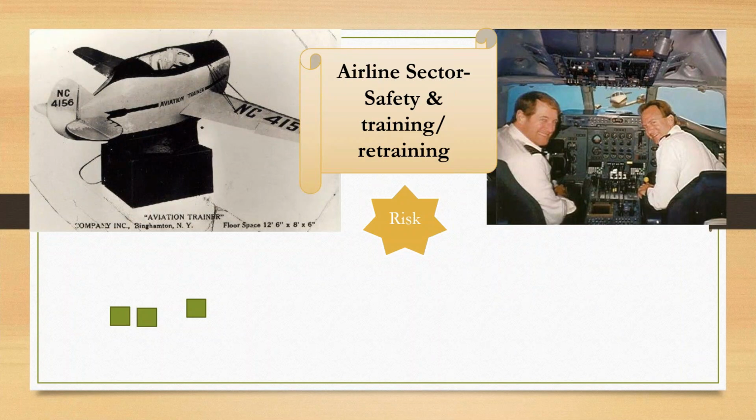Now, when we talk about simulation, one example which comes to mind is the airline sector. Looking at the risk there, they have regular training and retraining, which is mandatory for safety-related issues.